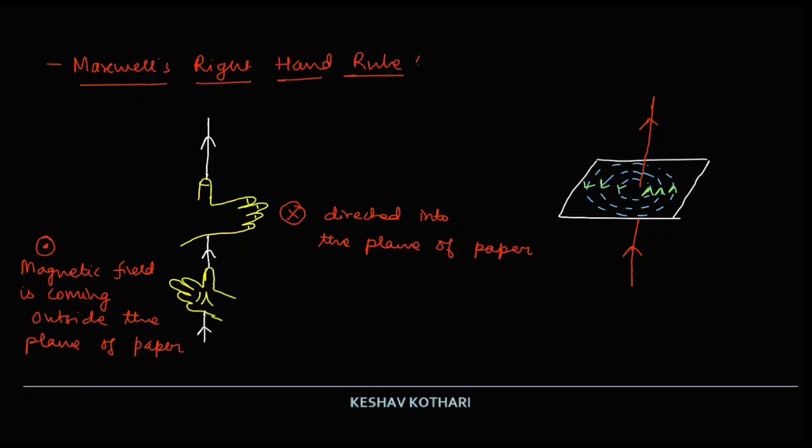So this was the first set of things, and now we will begin with the behavior of a charge when placed in a magnetic field, or when placed near an infinitely large current carrying wire. We are saying that a charge is projected near a current carrying wire.